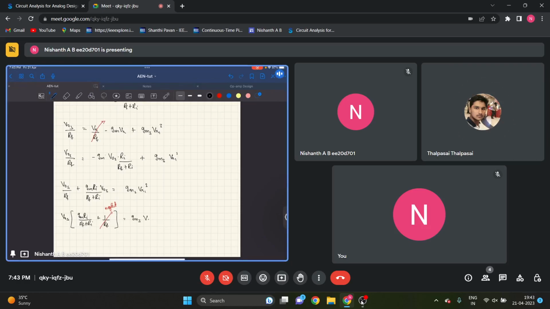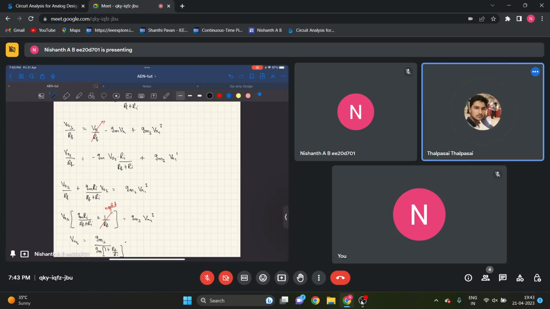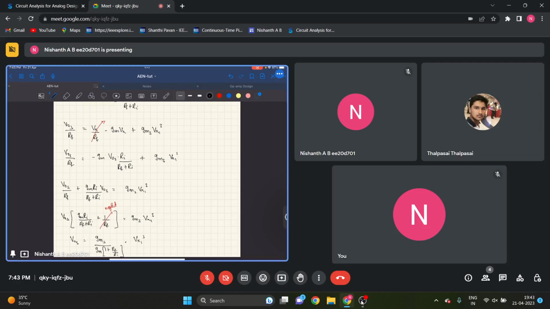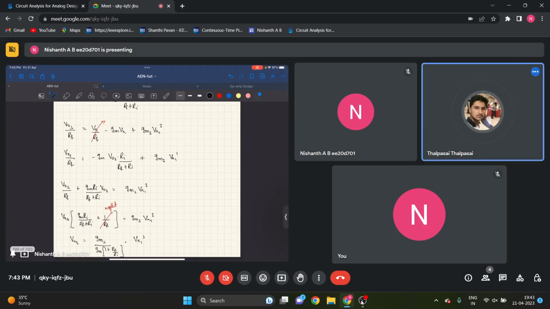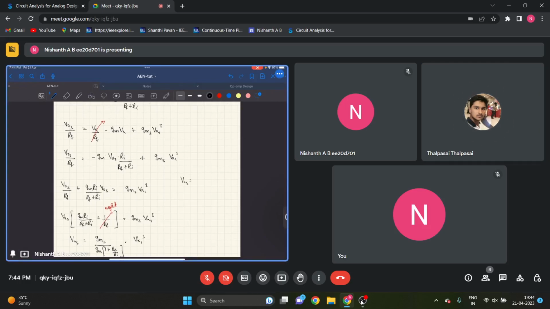Gm3 into Vx1 cube. So VO3 is basically Gm3 by Gm into Ri plus Rf by Ri into Vx1 cube. Correct? Yes, sir. Perfect.